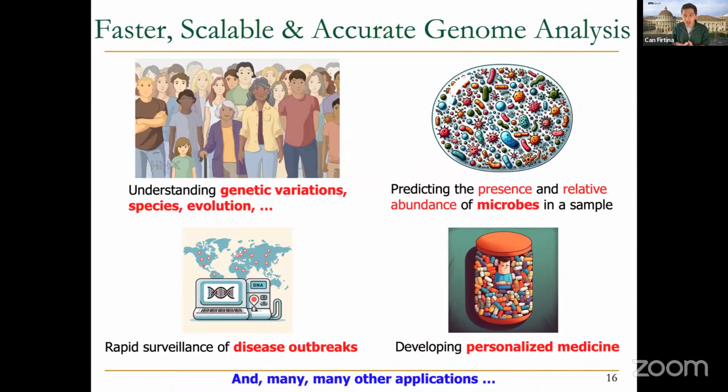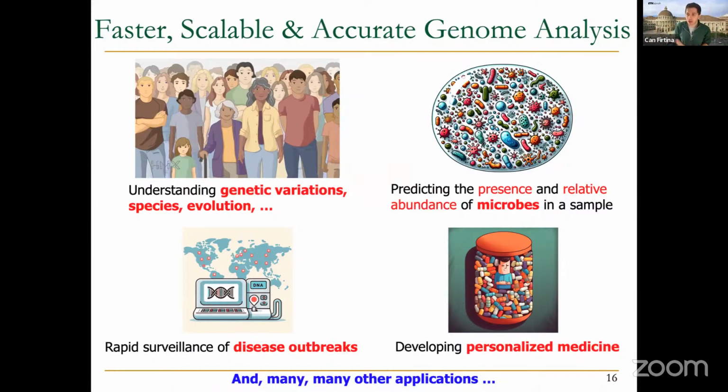For example, it helps us understand the genetic variations between individuals, right? If a particular population shows a statistically important phenotype, for example, they are prone to a particular disease because of a certain variation that they have in their genome compared to all other populations in the world, right? So we can study this.